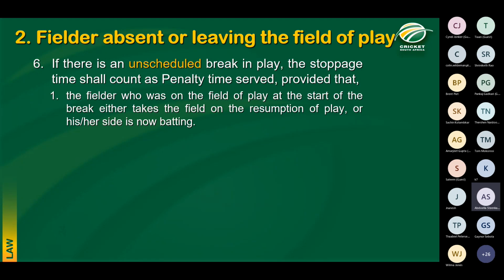So remember, John went off at 10:30. He came back at 11. So he owes us 30 minutes. At 11:10, it started raining and players had to leave the field of play. Again, good practice is, as you leave the field of play, you ask yourself, are there any fielders off the field?